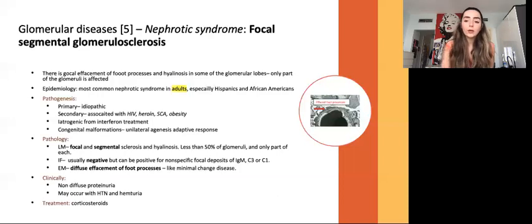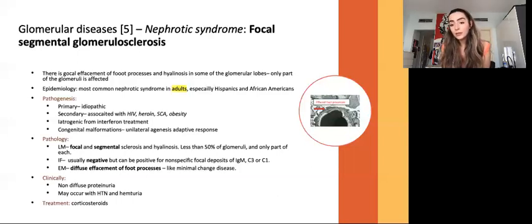On light microscopy, unlike minimal change disease, you have focal and segmental sclerosis and hyalinosis. Immunofluorescence is usually negative, but it can be specific for some stuff. An electron microscope shows diffuse effacement of the foot processes, just like minimal change disease.